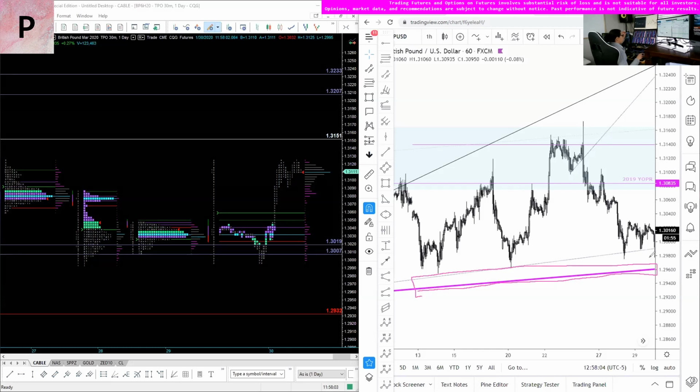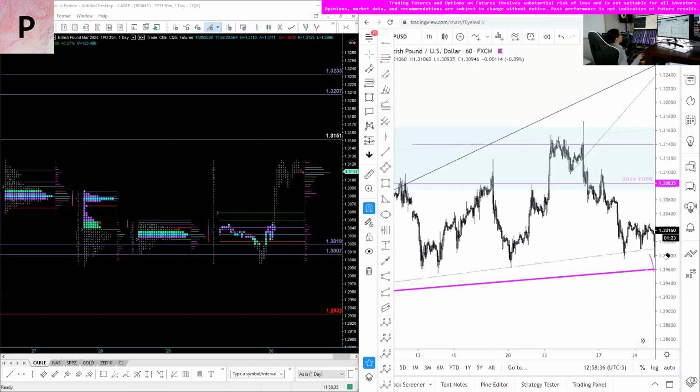Sure, I could have tried to short it to the pink line, but due to what I was seeing on this volume profile development, where we were making an attempt to break value area, it made more sense to go where? The yearly opening range from last year, because this level holds so much significance that it was, on a statistical basis, a much more reasonable attempt to take it to that point.